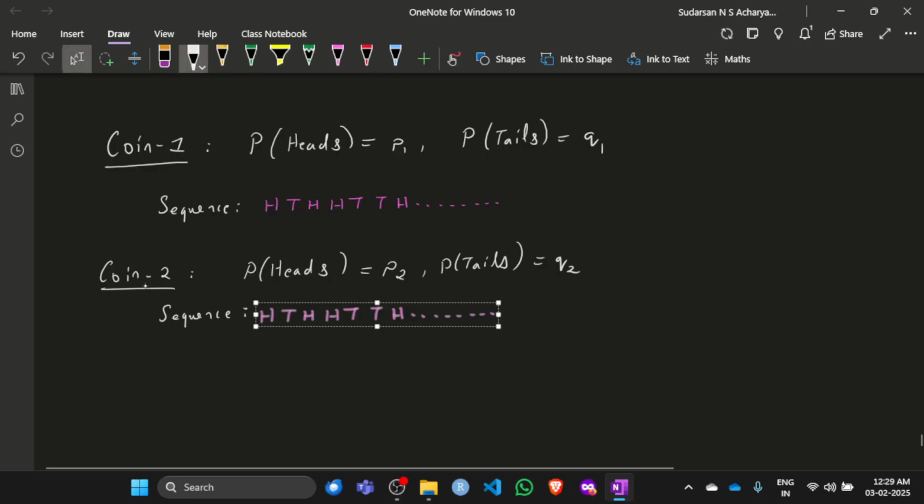So what's the probability that coin 1 generates the sequence?